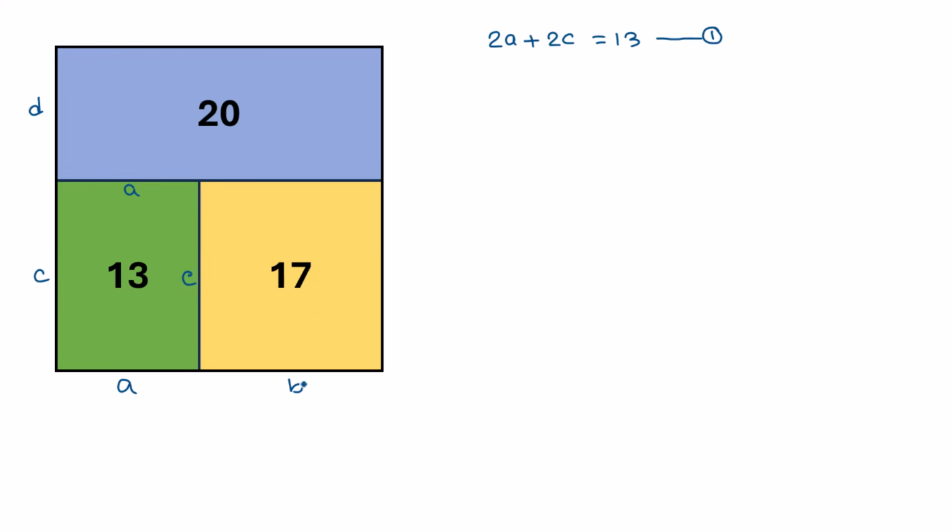Now, as this length is B unit, this will also be B. And this is C, so this length will also be C. So the perimeter of this yellow rectangle will be B plus B, which is twice B, plus C plus C, twice C. So twice B plus twice C is the perimeter of this yellow rectangle, which is given as 17.